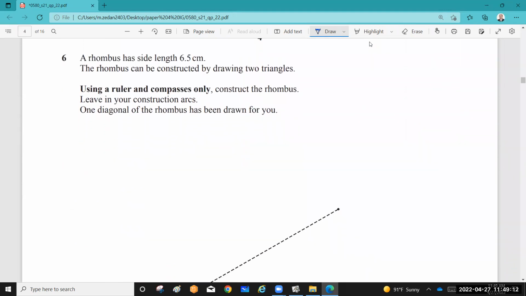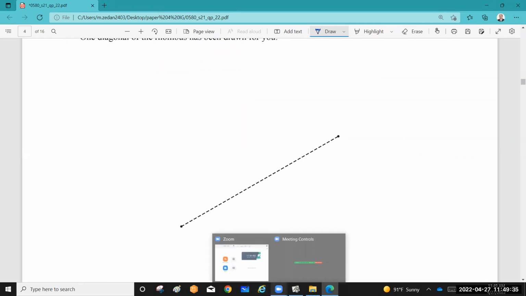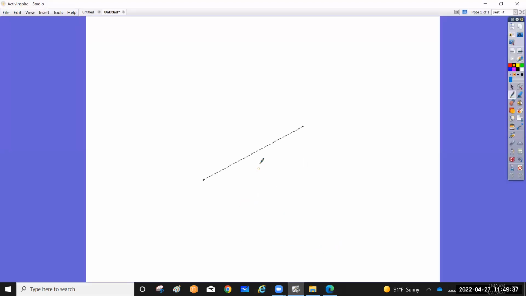Question number 6. A rhombus has a side length of 6.5 centimeters. This rhombus can be constructed by drawing 2 triangles using ruler and compass only. Construct the rhombus and leave your construction arcs. This line is considered one of the diagonals. I would like to draw a rhombus with a side length of 6.5.